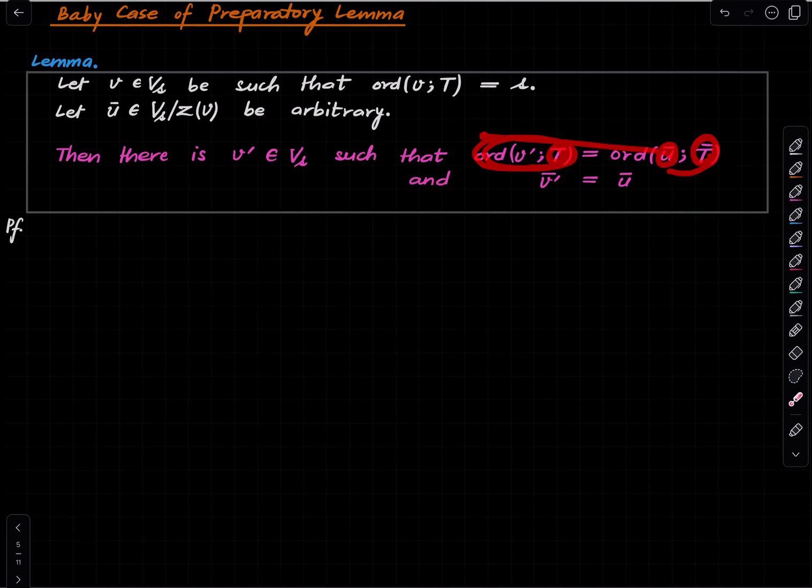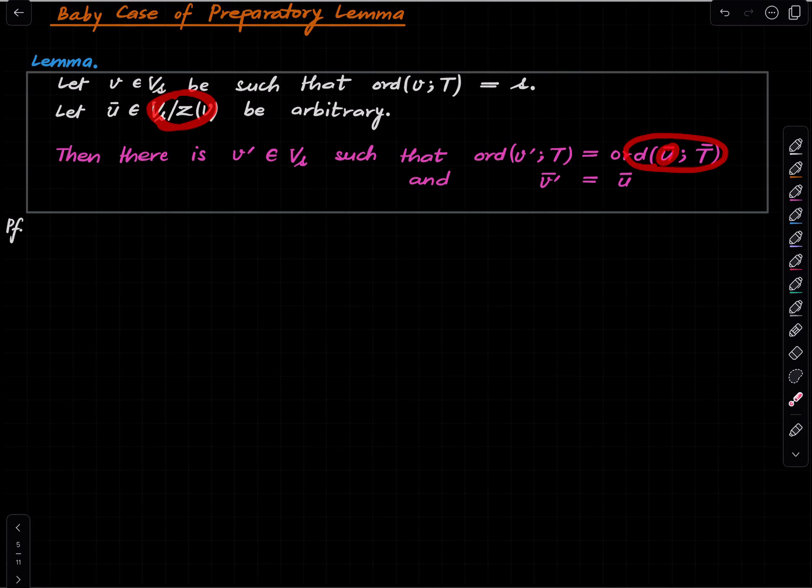U bar is an element here, and since this is a T invariant subspace, the endomorphism T restricts to this guy. So before, the notation that we developed was that T is already an endomorphism on V, and with respect to those notations we are talking. So we are saying that the order of V prime in the parent space is the same as the order of U bar in the quotient.